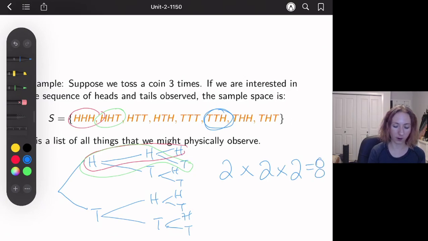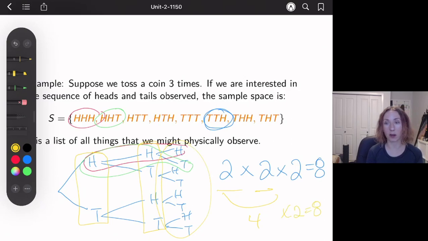The first action spawned 2 branches. Each of those branches spawned 2 more branches, so those 2 got multiplied by 2. Now we had 4, and each of those 4 branches spawned 2 more branches, for a total of 8 branches in our sample space.